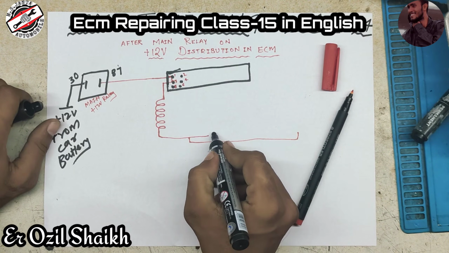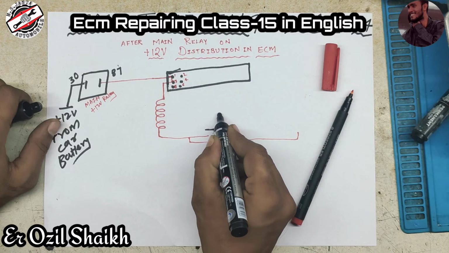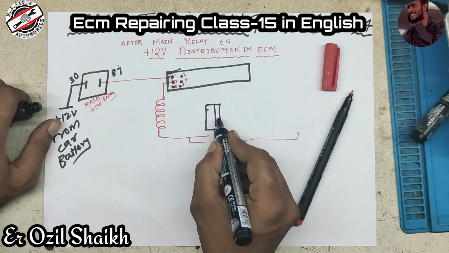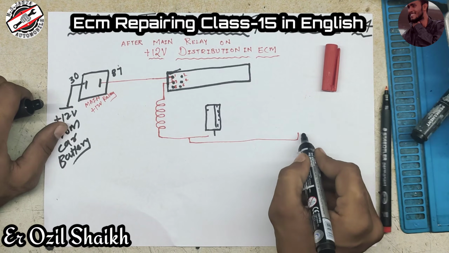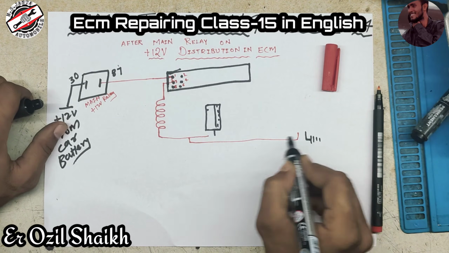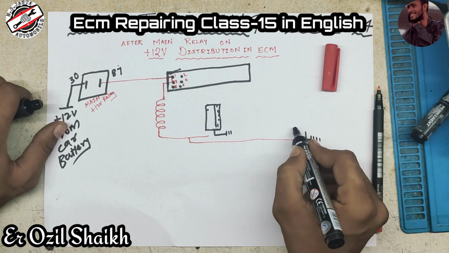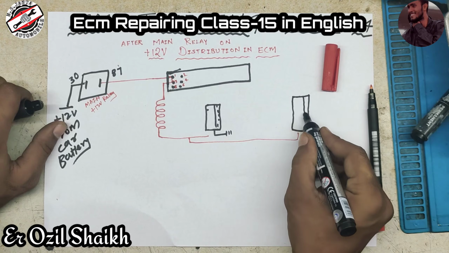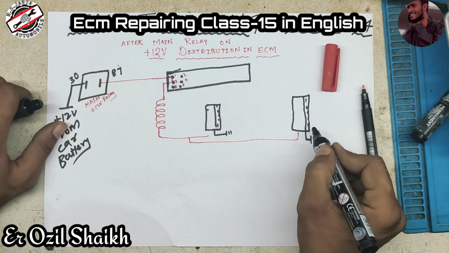That's called a polarized capacitor. Why do we call it polarized? Because one side of this capacitor has a negative marking and the other side is positive. That's why we call it a polarized capacitor.